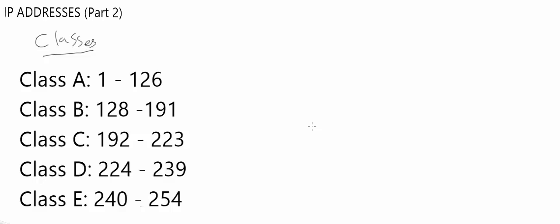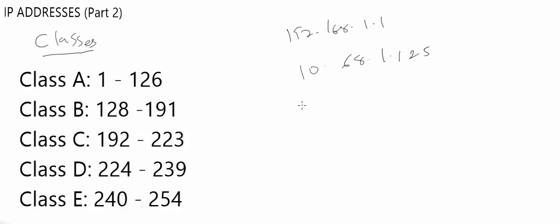In the class A IP addresses, any IP address that starts within the range has its fixed octet. Remember I told you IP addresses have 4 octets. A classic example is 192.168.1.1. Another example is 10.68.1.125.